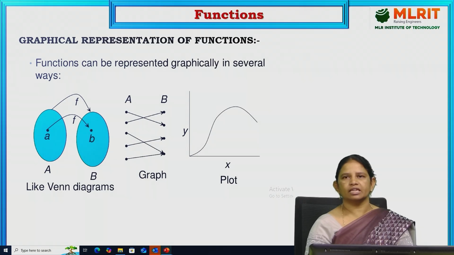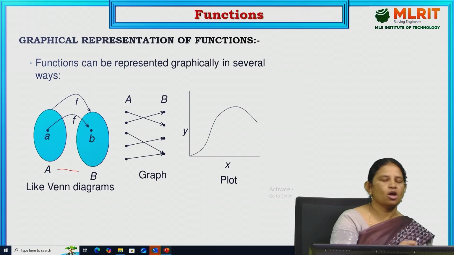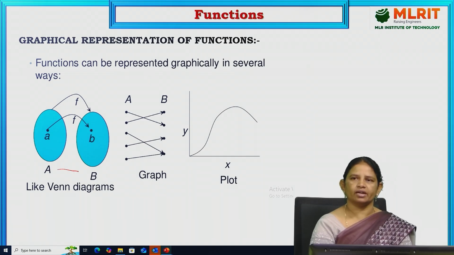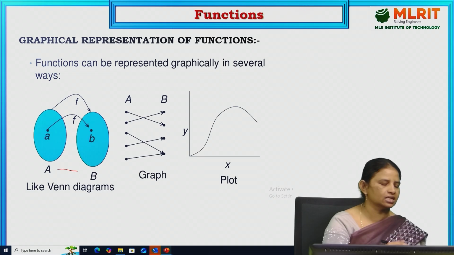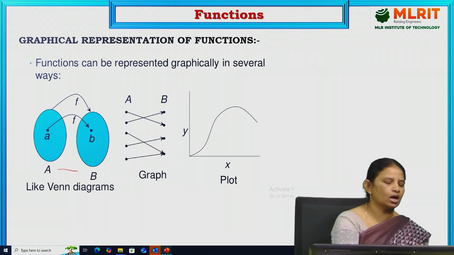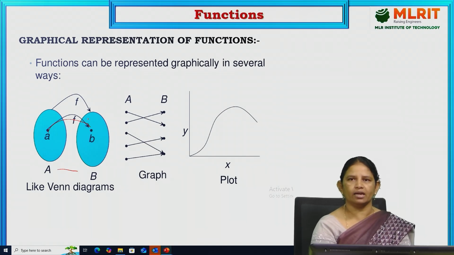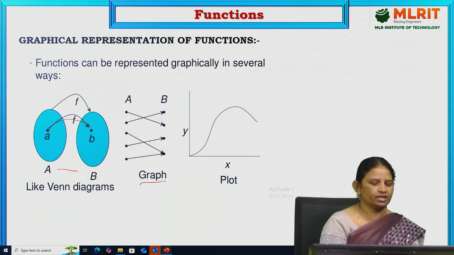There are three ways of representing functions. The first one is a Venn diagram. In a Venn diagram, the two sets are represented by two separate circles, and if a relation exists, we do the mapping by drawing edges between the elements of the two sets. The second one is a graph.